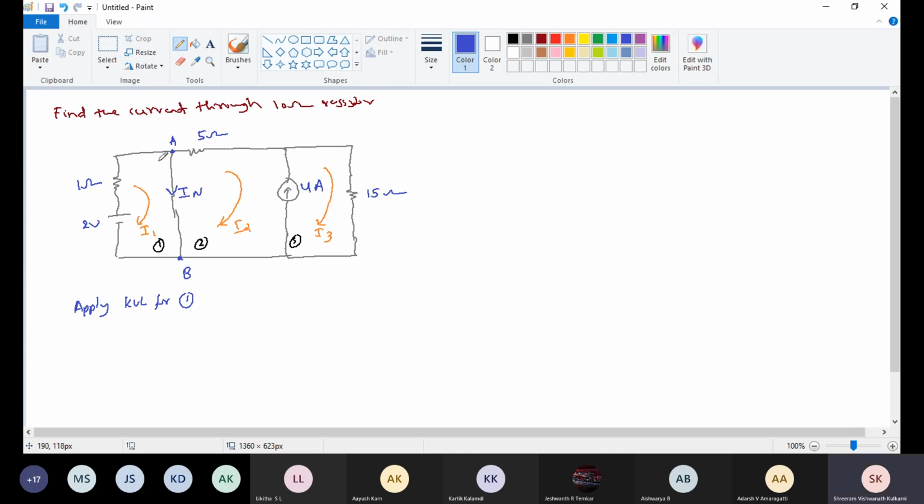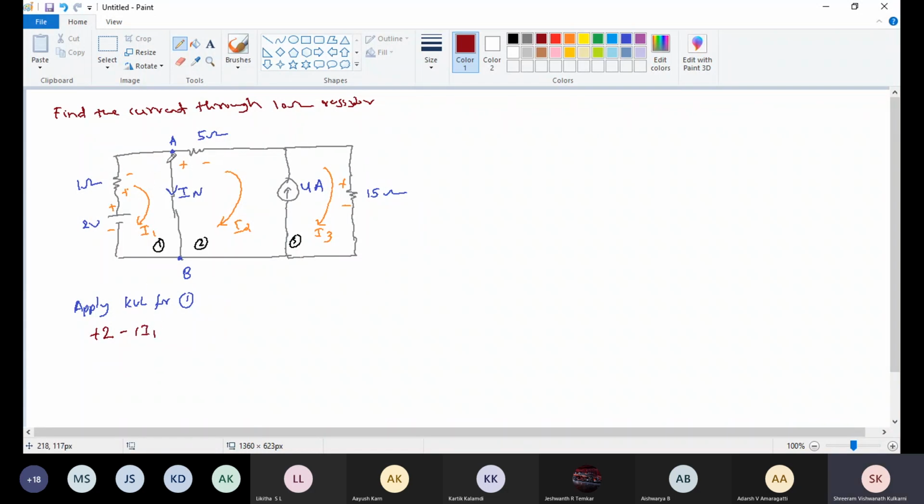Minus to plus. Here I'll mark plus minus, plus minus, plus minus. This is minus, this is plus. Tell me for loop 1, this mesh 1: minus to positive, plus 2. Next, minus 1 I1.